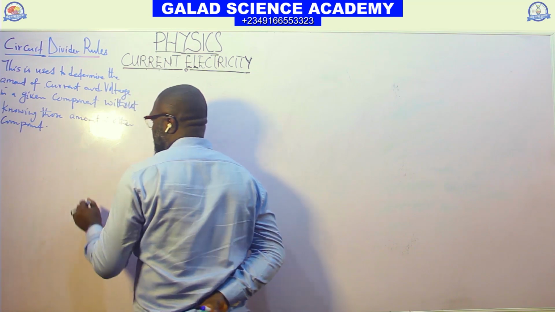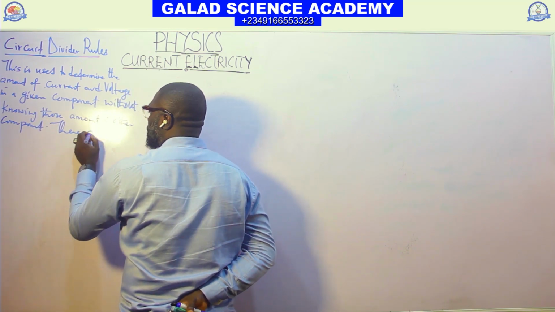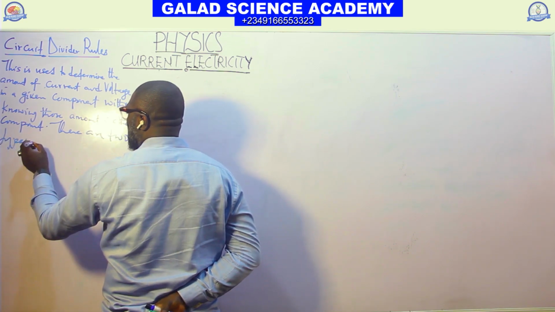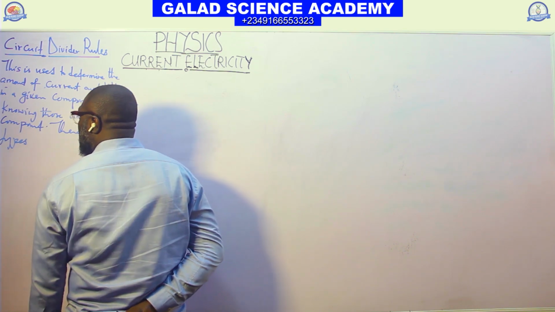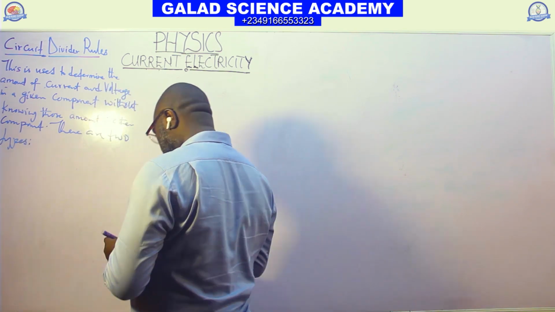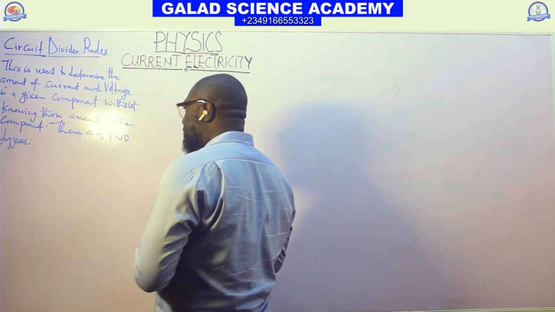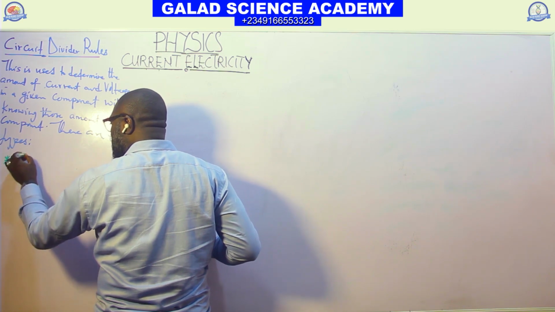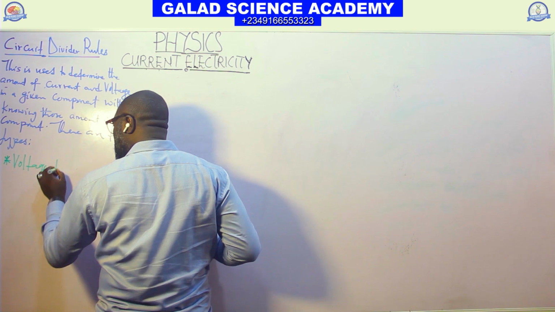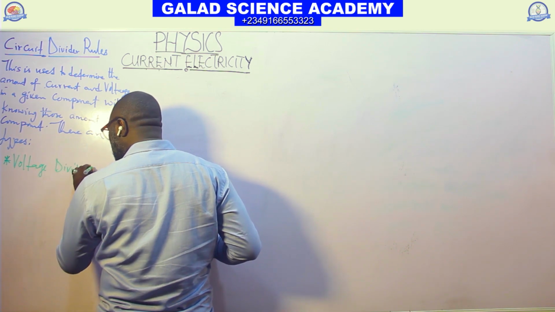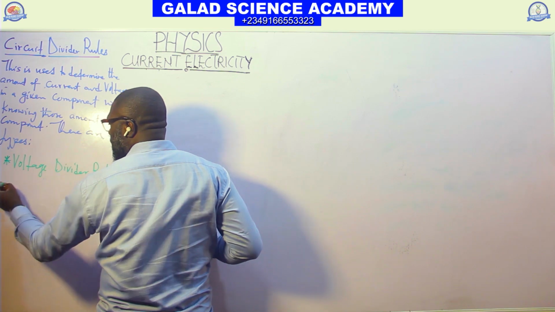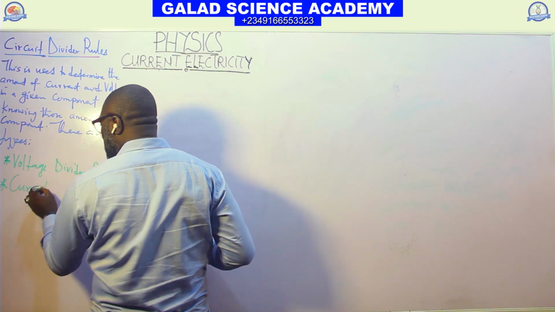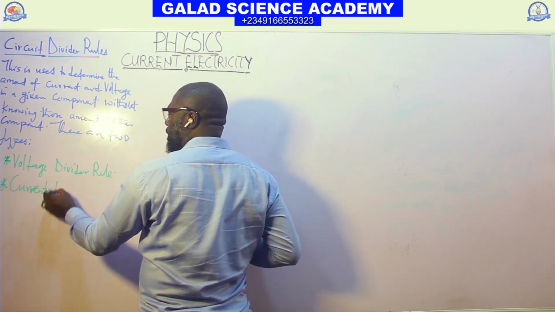And there are two types of circuit divider rule. The first type is the voltage divider rule. The second one is the current divider rule.